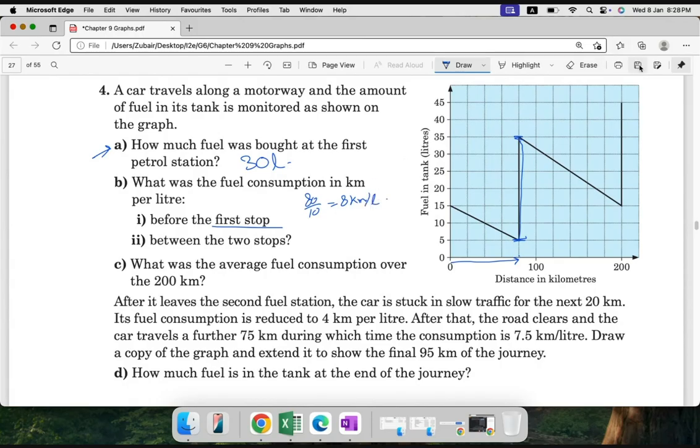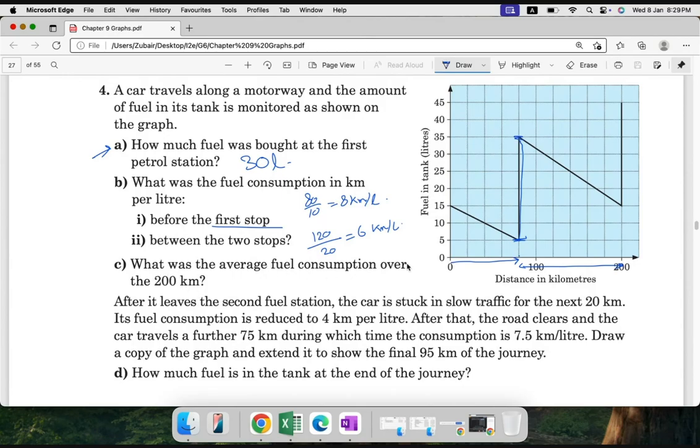And between the two stops, these are the two stops.